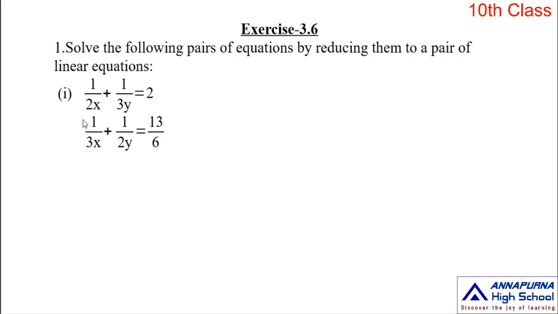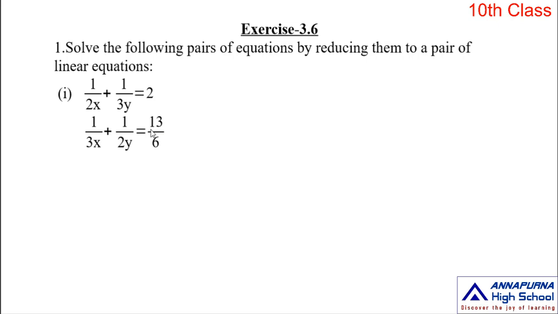So that's why it is not a linear equation, but it is an equation. Why? Because here we observe the equal to relation. So this is an equation, but it is not a linear equation.